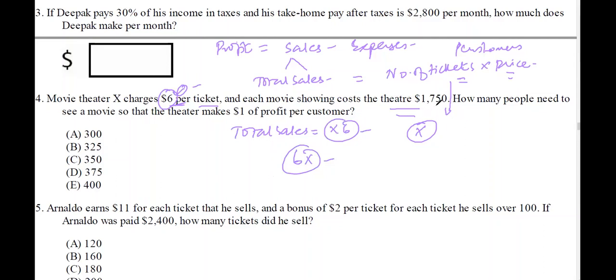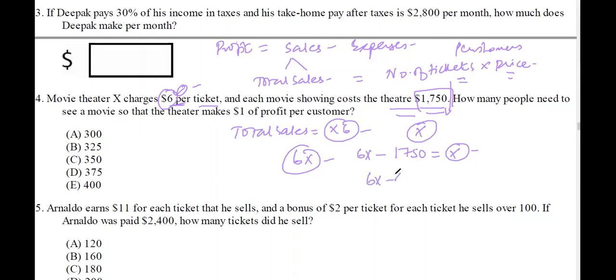Now it says that the cost is $1750. So out of the total sales, if I subtract the cost, I should get a profit, that is equivalent to X.